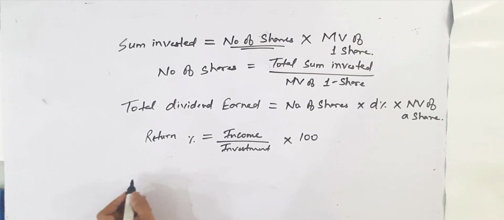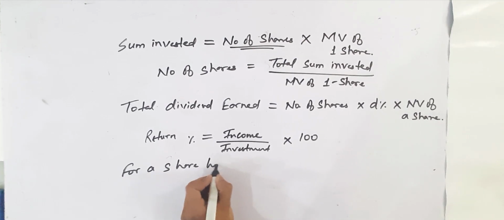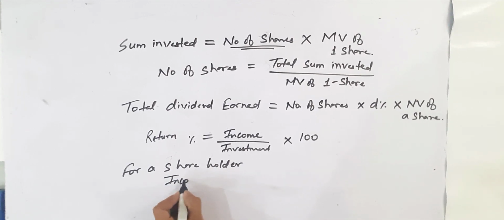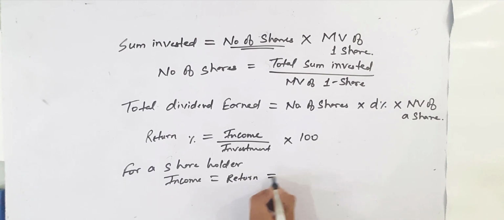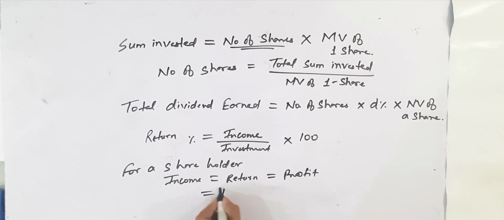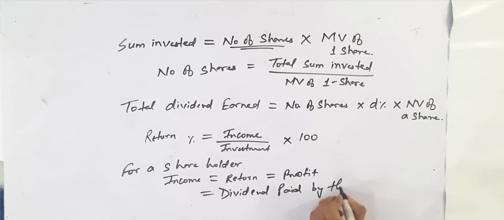So for a shareholder, income is the same as profit, or you can say it equals the dividend paid by the company.